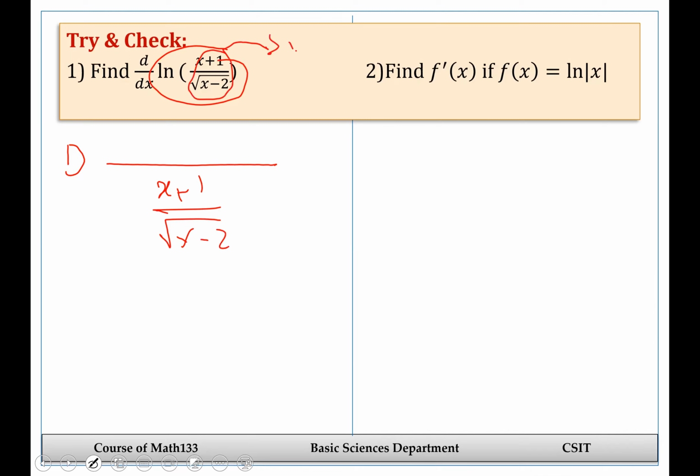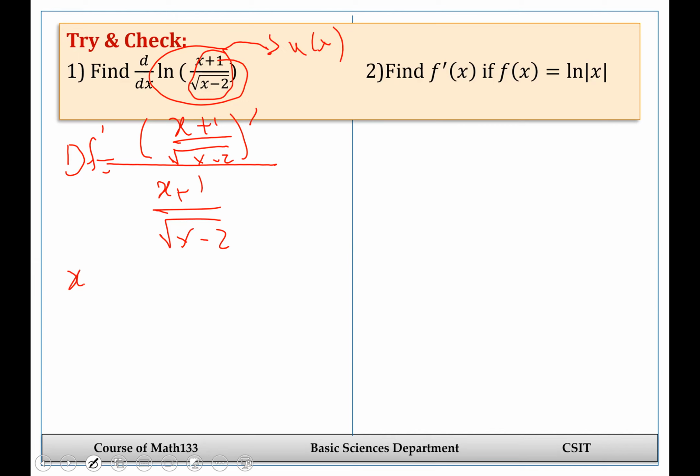So u prime over u. And here u prime is a little bit complicated, so I will work on it separately. So the form of the derivative is this one, f prime is equal to this one, but it needs some auxiliary computation.